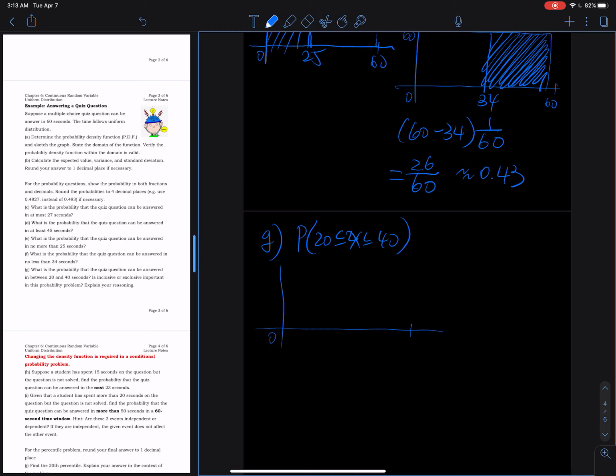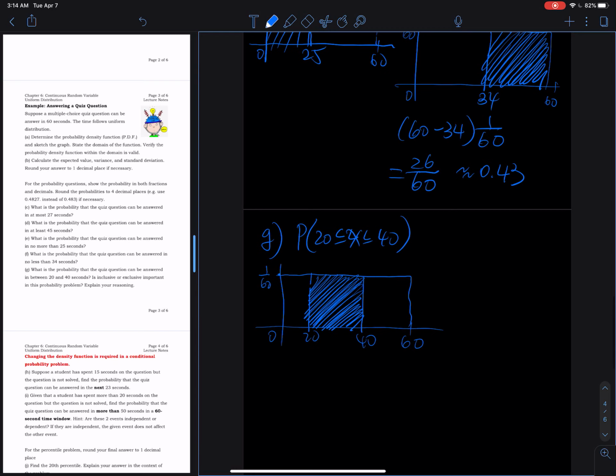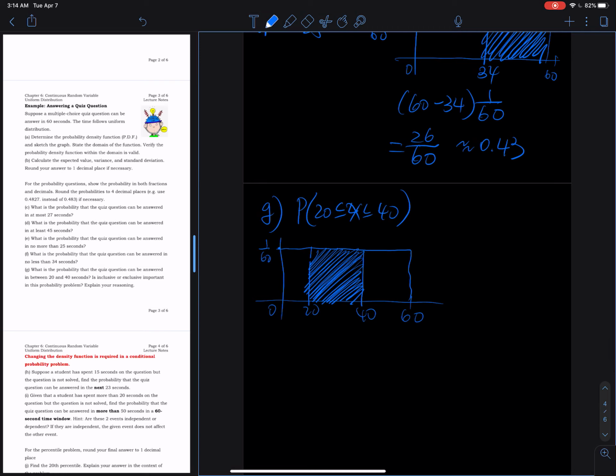So from 0 to 60, this is 1 over 60. We have that. 20, 40. Using a dashed line is fine, a solid line is fine, because what we really need to see is the shaded region. Okay, what's the area? The area is 40 minus 20 times 1 over 60.